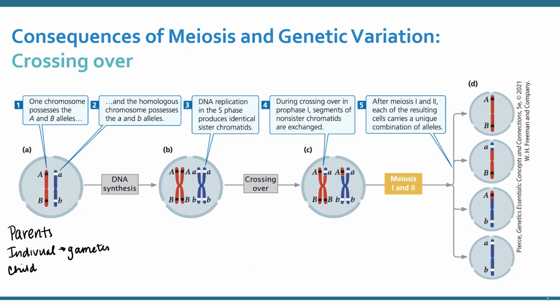And then when your cells undergo the process of meiosis, they are undergoing crossing over. And so when your gametes are produced, this is what's happening.